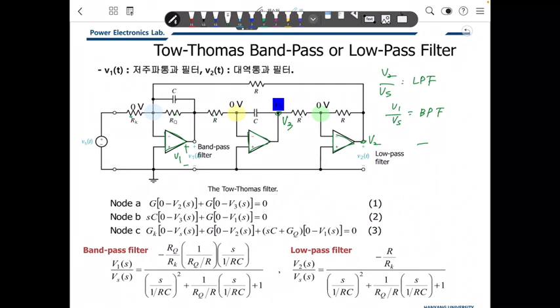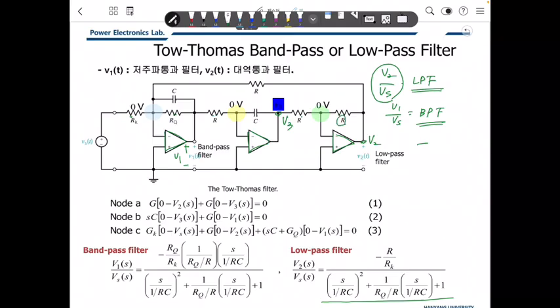So if you have only one filter, you can implement one band pass filter and one low pass filter. This is the characteristic of the 2 Thomas filter. So if you want to write it down, then you can solve this equation. This is an electric circuit. Then in the case of V2 over Vs, the relationship is like that.